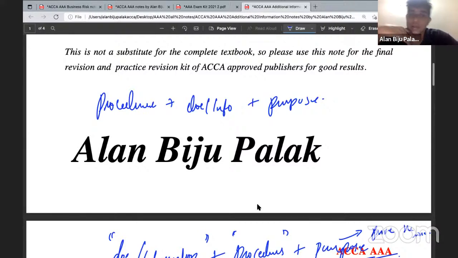How can we do that? The best thing is to collect written representation from the management. So you will state: obtain written representation from the management in order to ensure that the assumptions on the basis of which they have included the amount of amortization are reasonable.